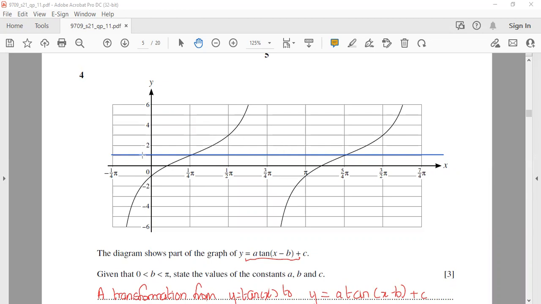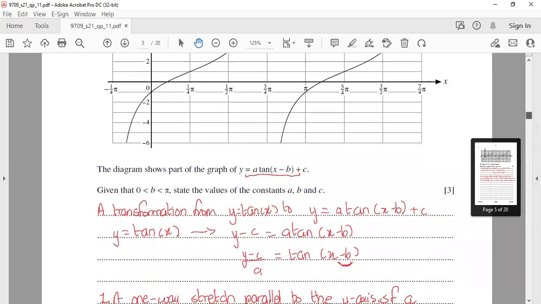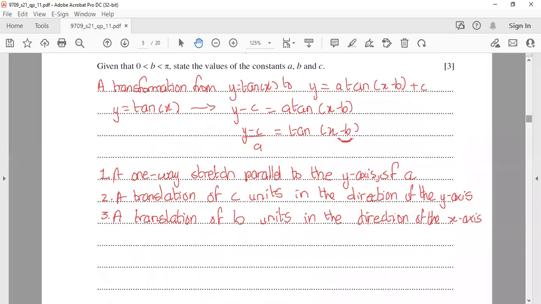So, instead of starting on the line x is equal to 0, it starts on the line x is equal to 1. Therefore, the value of c is 1 because it is translated by 1. So c is equal to 1.